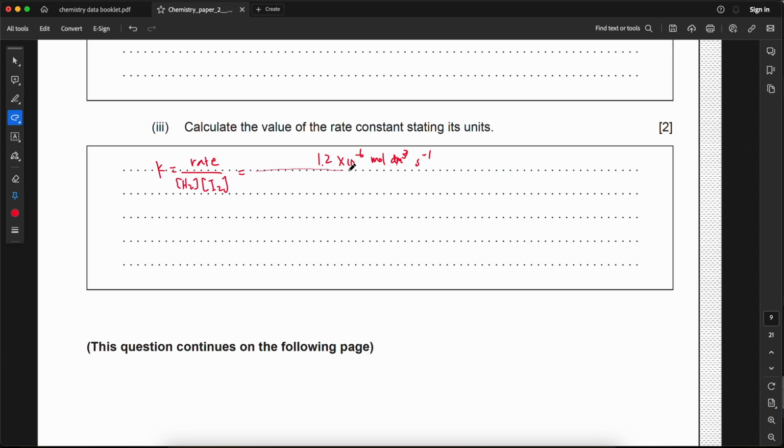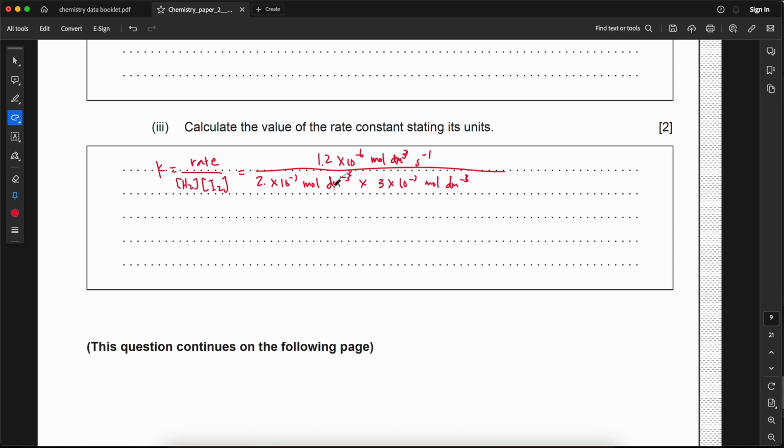Don't forget to add the unit because it's very important. So concentration of H2 would be 2 times 10 to the power negative 3 mol dm^-3 times concentration of I2, 3 times 10 to the power negative 3 mol dm^-3. Okay, so negative 3 and negative 3.